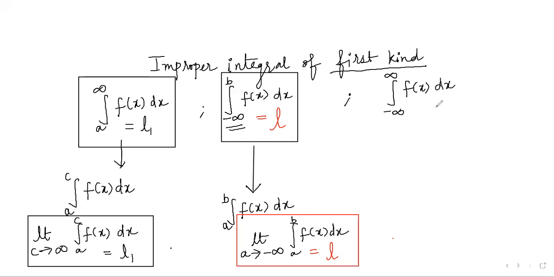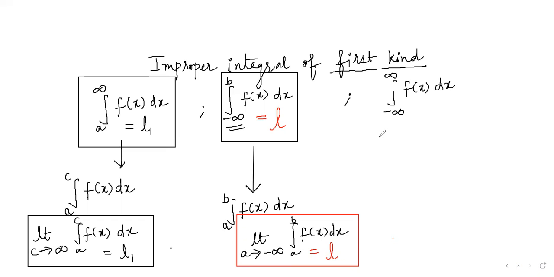Now, what we will be doing is this third case. In this third case, both lower and upper limits are infinity. So in this case, we will be writing this integral in terms of two integrals with the help of some real number, say a.